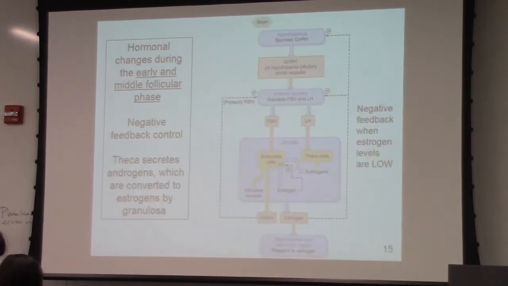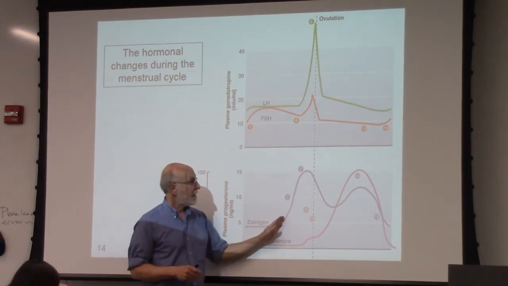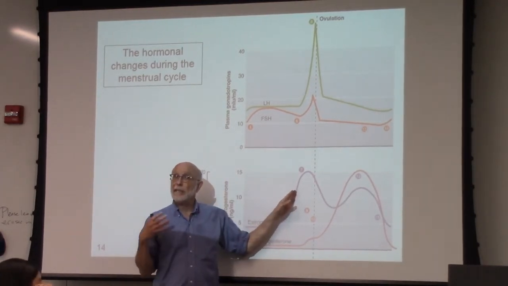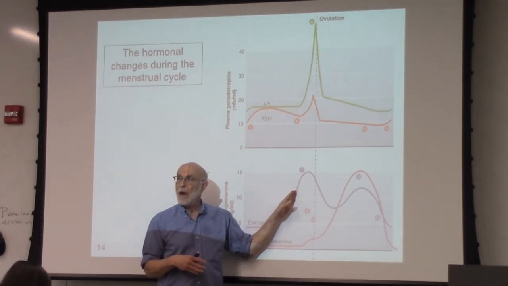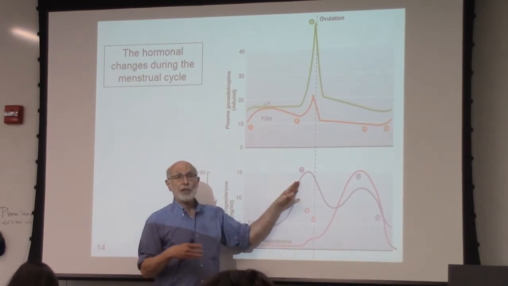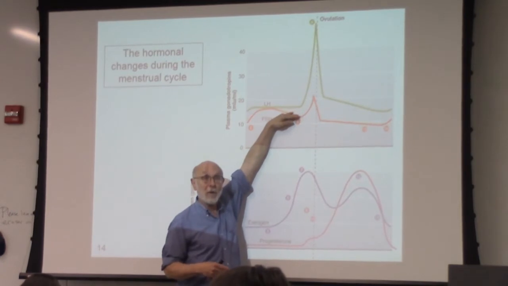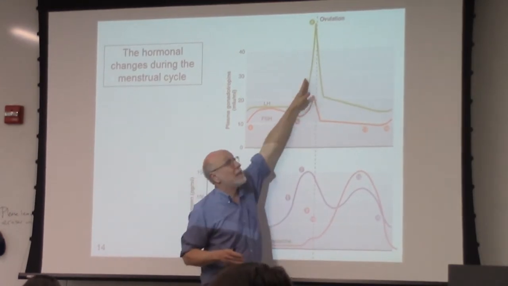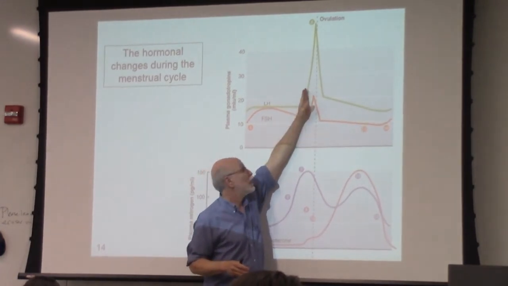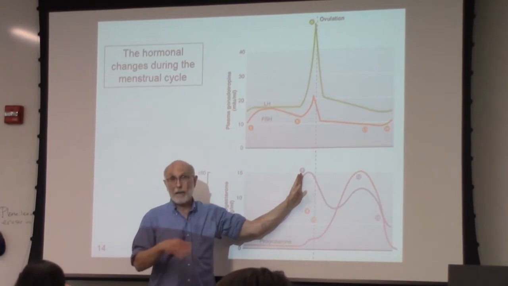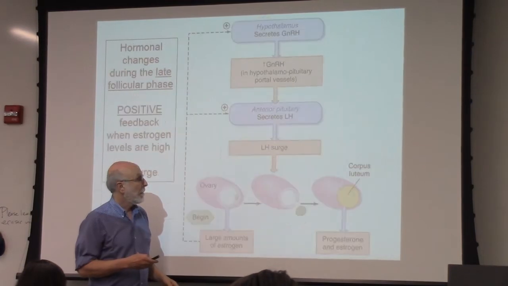We have explained how late in the follicular phase, as estrogen levels get high because of the developing follicle, developing theca, developing granulosa, higher and higher amounts of estrogen, at a certain tipping point, the negative feedback keeping LH and FSH low is flipped into positive feedback, and we get an LH and FSH surge. And that LH and FSH surge, combined with high levels of estrogen that cause the LH and FSH surge, is also what causes ovulation.